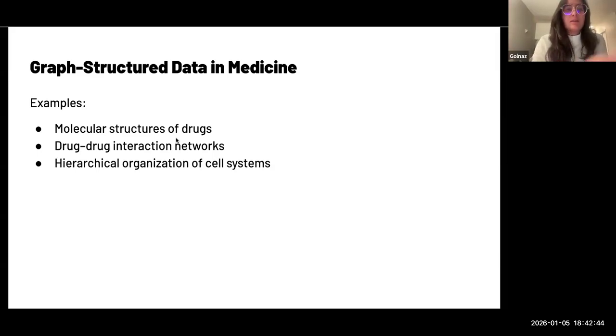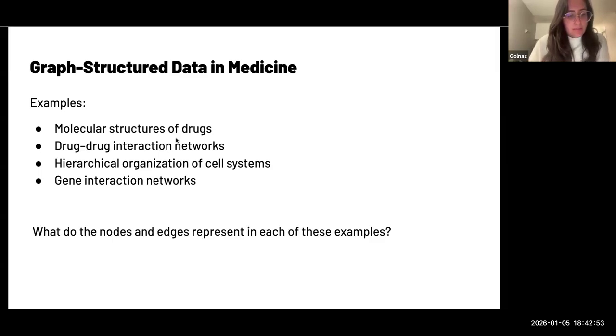Or other examples outside of pharmacy, like how cell systems are organized, or gene interaction networks. Any problem that you can formulate as a graph, your solution should be a graph neural network, which has specific computational structures to process data in the format of a graph.